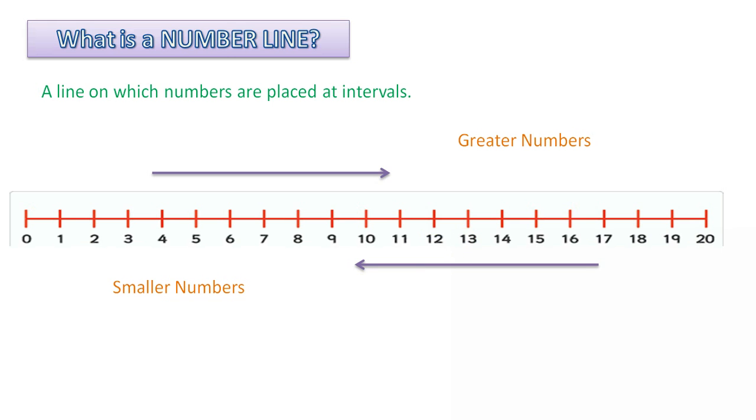The number on the right of 12 is 13, so 13 is the successor of 12. And the number towards the left, the smaller number, is 11, so 11 is the predecessor. The number on the right is the successor, and the number on the left is the predecessor. This is how the arrangement of the number line is.